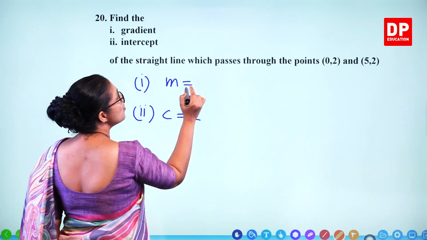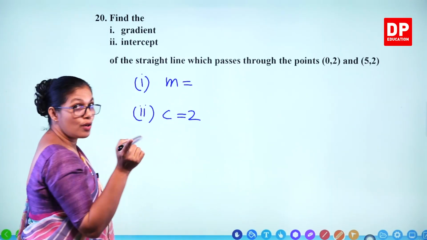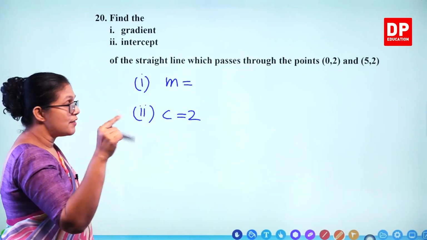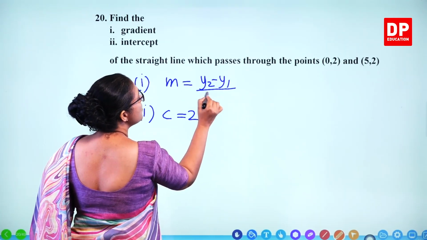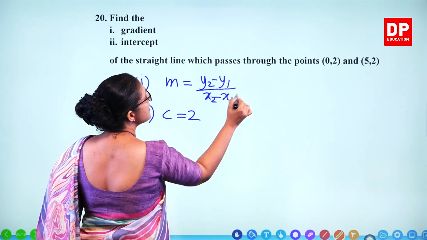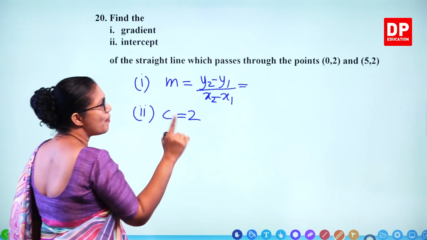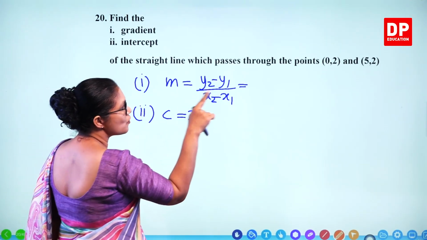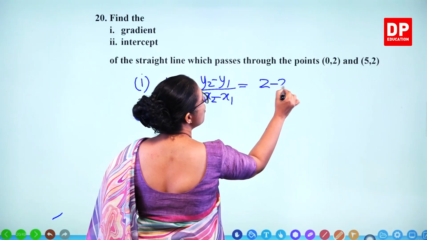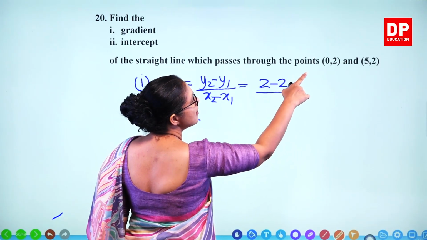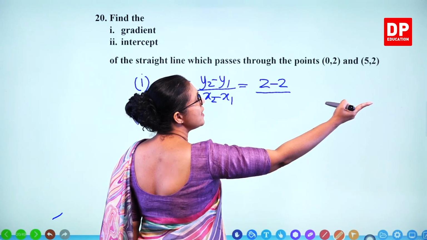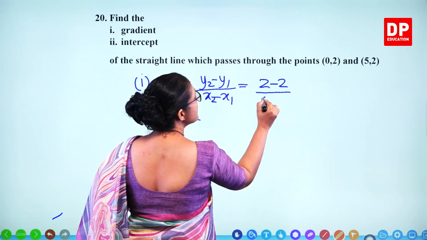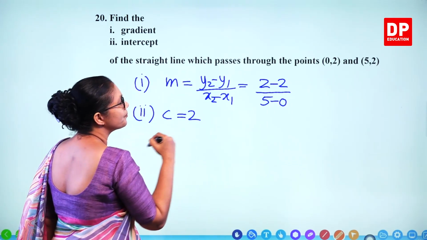Gradient is equal to the difference between y coordinates over the difference between x coordinates. You can take any point first. We'll take (5, 2) first. So 2 minus 2 over 5 minus 0.